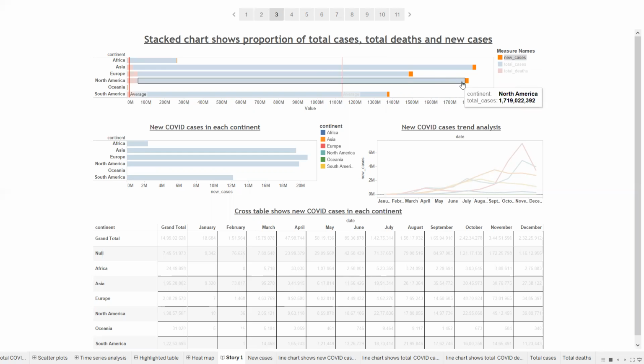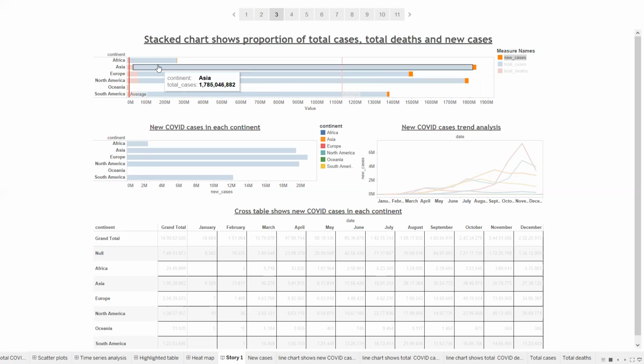And from this, I can see that Europe has the highest number of new COVID cases, which is above 20.8 million, followed by North America, which is above 19.8 million, and then Africa, which is about 19.5 million. We can also see that all the continents are above the world average line, which is represented by a red line.